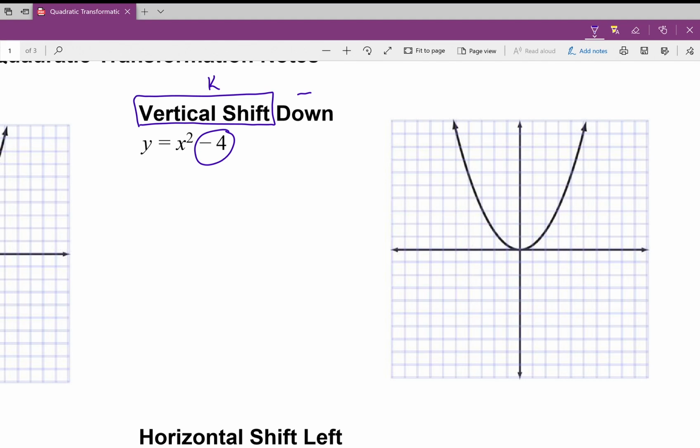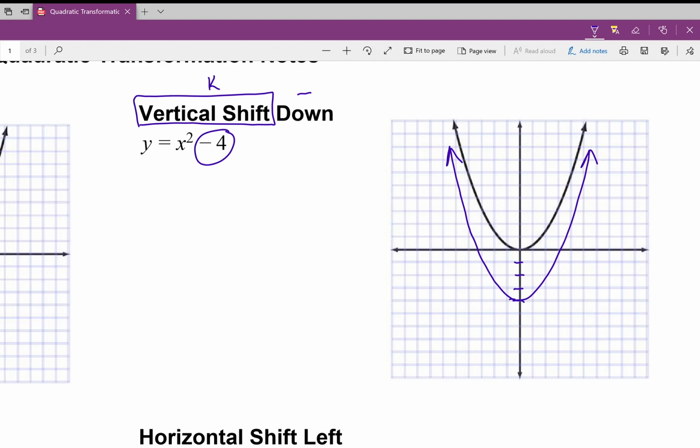What that does is bring the entire graph down 4. So 1, 2, 3, 4. Now instead of being up at 0, 0, our vertex is now at 0, -4. I'm just going to draw that. The only thing that happened was this graph went down 4.